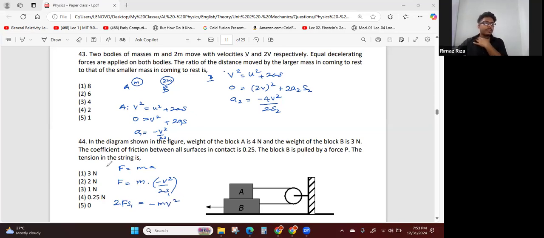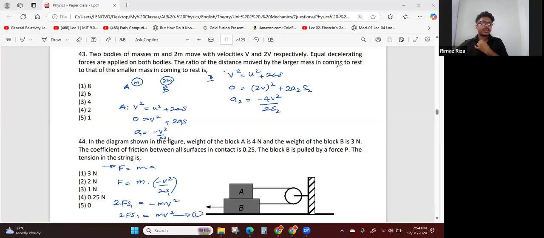The force is actually opposite to the direction of the motion, so that's why we get minus. But if we are considering only the magnitude, we can get rid of the minus sign. Then we can write 2Fs1 equals mv squared. So this is equation 1.